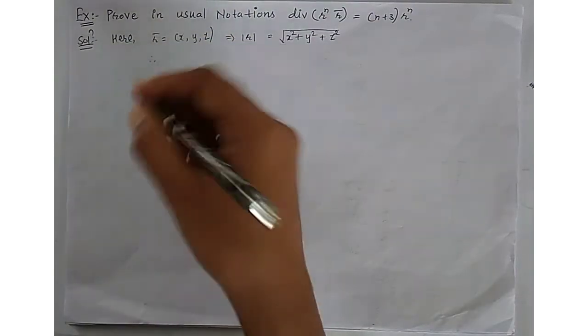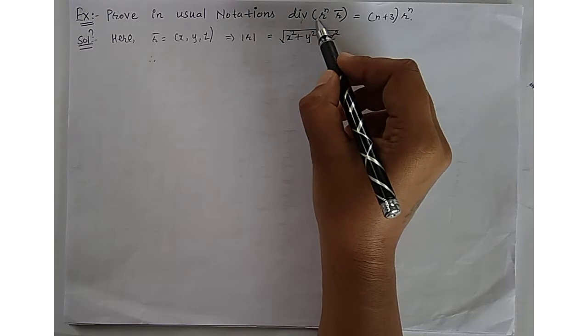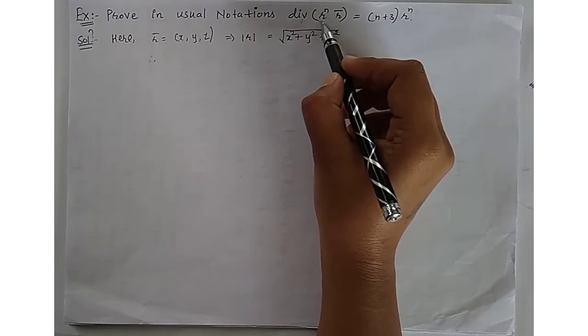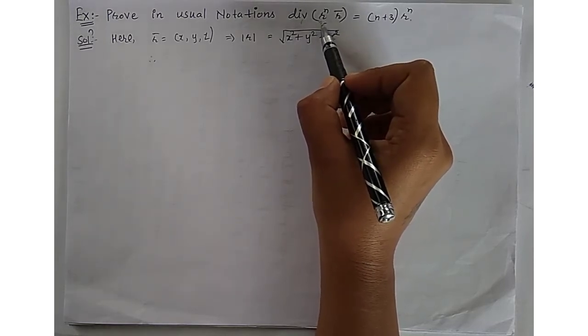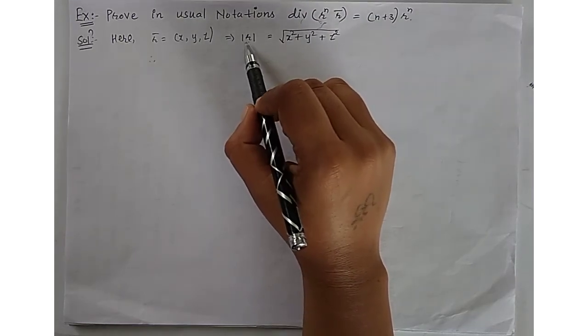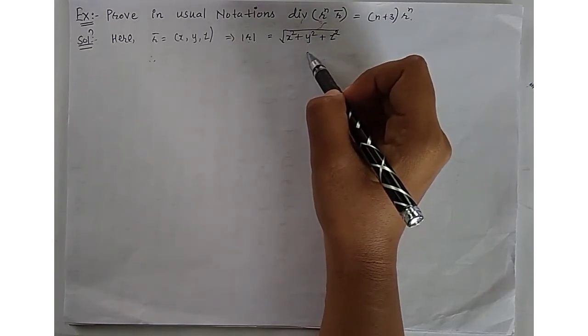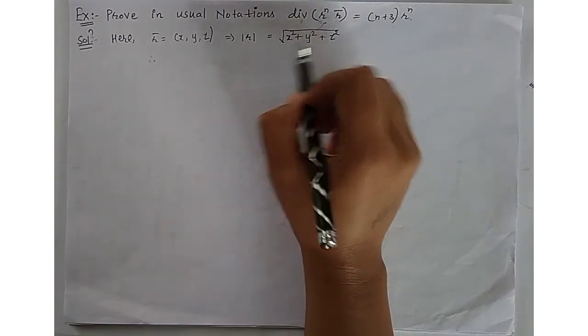When we have to find the value of r to the power n, here it is only r. If you multiply r into r, we get a scalar function, right?